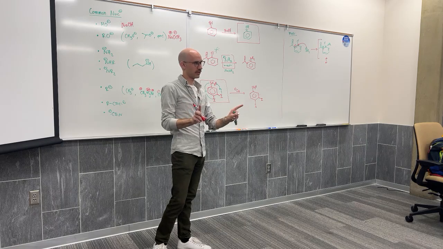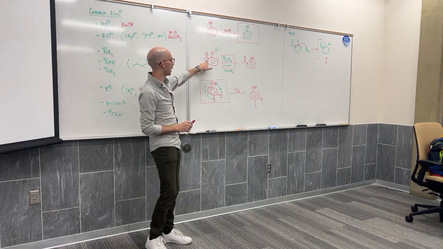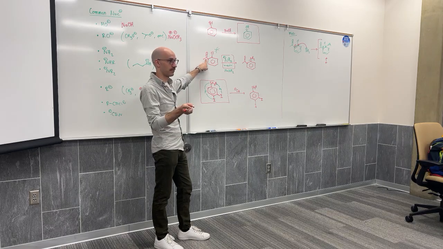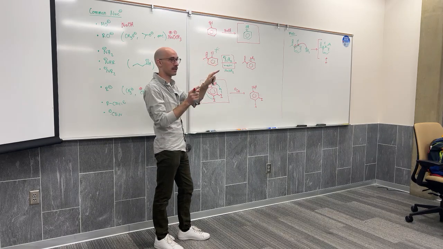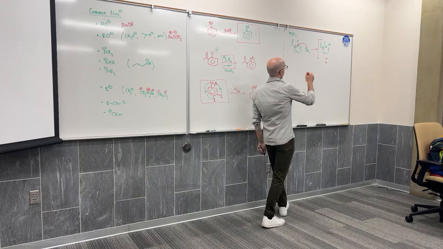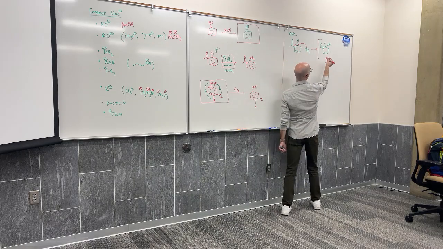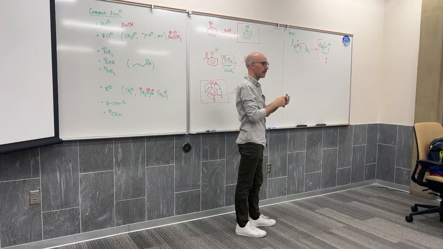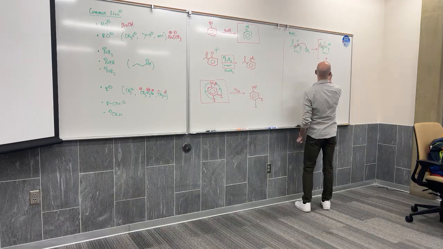Ortho. And we know that these electron withdrawing groups are activators and ortho-para directors, which goes hand in hand. When the ring gets attacked ortho, then the negative charge can be pulled into the carbonyl by resonance.